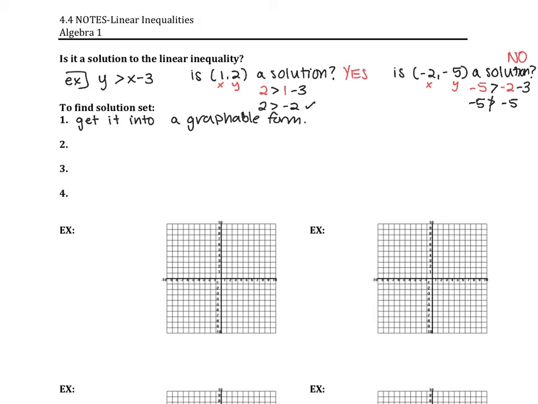What do I mean by a graphable form? Well, I mean slope-intercept form, y equals mx plus b, or point-slope form, y minus y1 equals m times x minus x1, or x equals 3, or x equals any number, it doesn't have to be 3, or y equals any number. Those are all my graphable forms that I have right now.